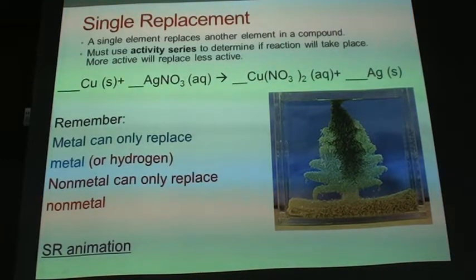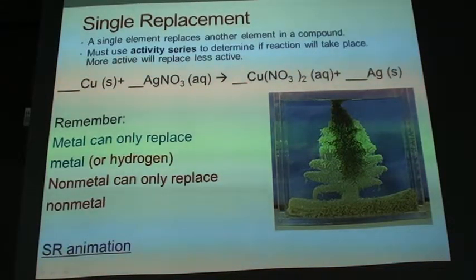Remember that hydrogen can replace the cation in a single replacement reaction. Copper is higher on the activity series list than silver is. So it replaces the cation in this compound, and silver is all alone.